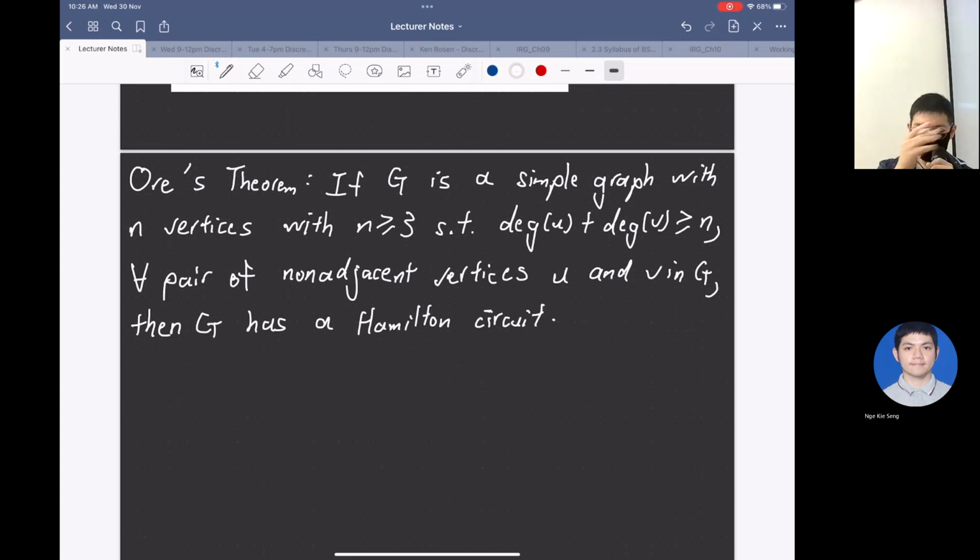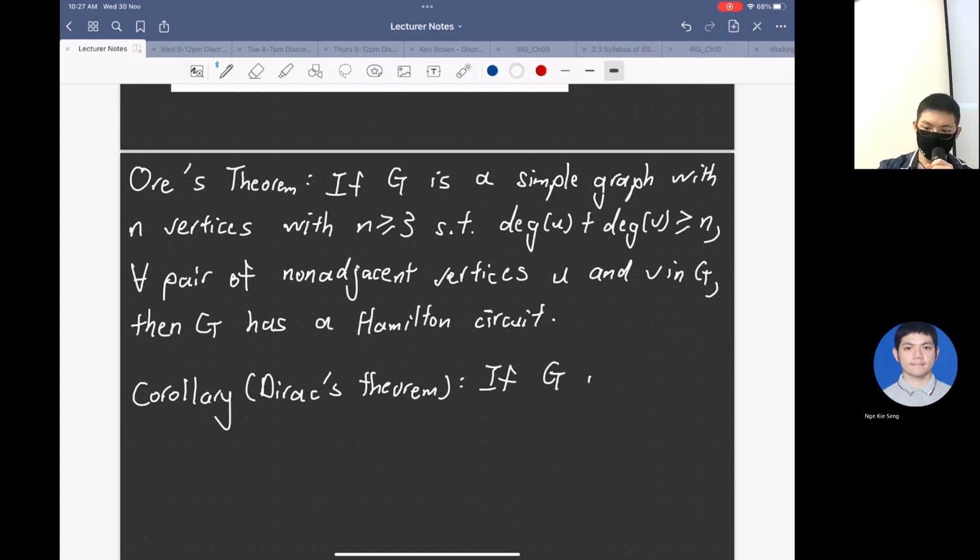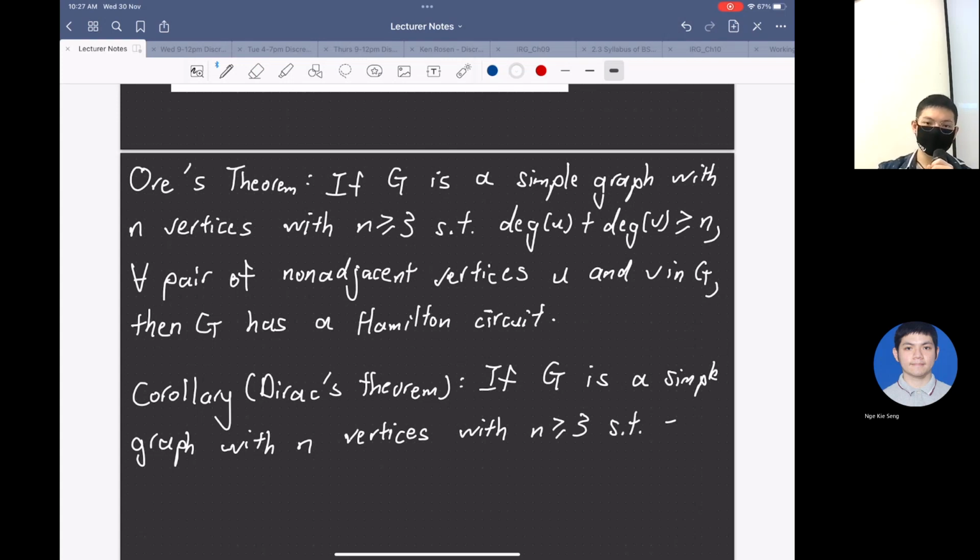Okay, but we won't prove this. But there's one corollary by Dirac. I think Dirac's is easier to check because you just need to check each vertex. Dirac showed that as long as the degree of each vertex is at least n/2, more than half of your vertices, then it should be fine.